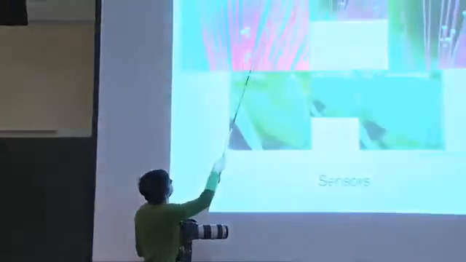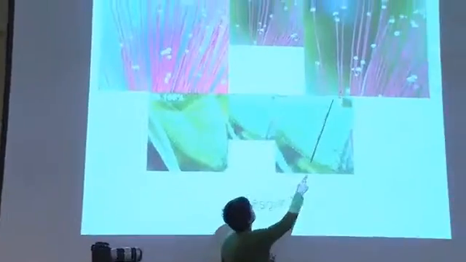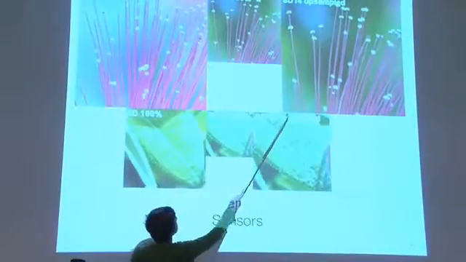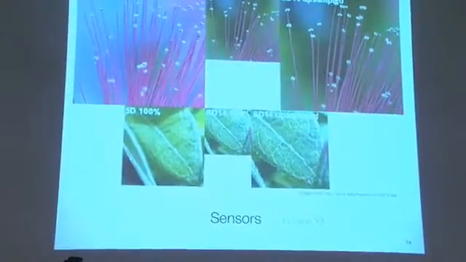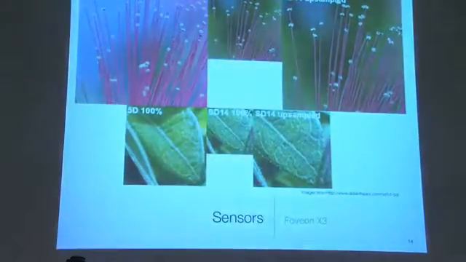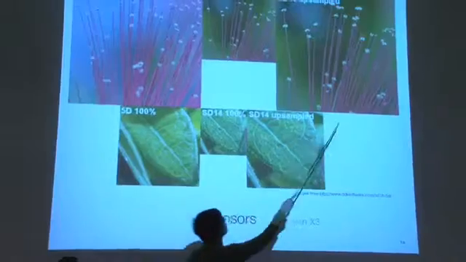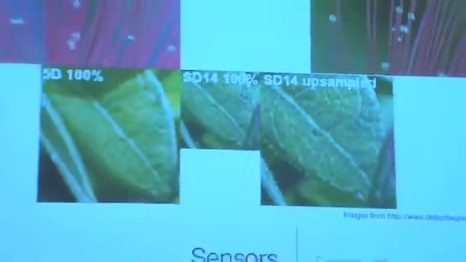This demosaicing algorithm causes a sort of softness in the 5D image that is just not present in the Sigma image. So even if we increase the size of this Foveon image, it still looks sharper. These lines look very smooth, very straight compared to that of the Bayer color filter array.